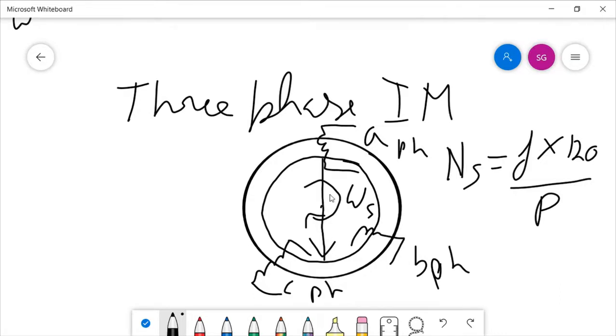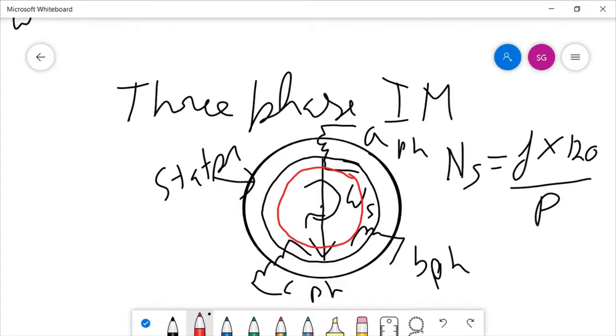Ultimately what we have is a rotating magnetic field. This will rotate in the air gap. Now if we put a rotor inside this, so here is the stator, and here is the rotor.